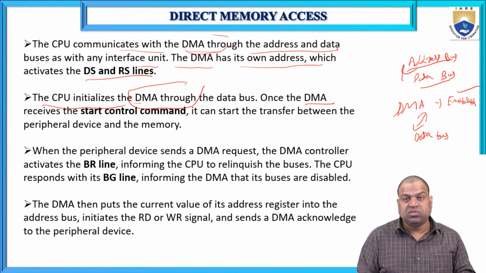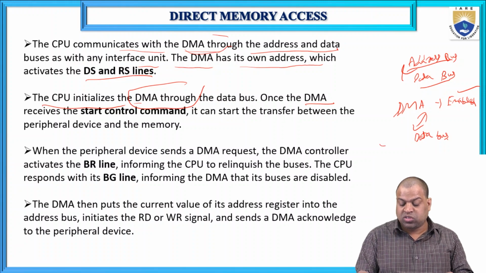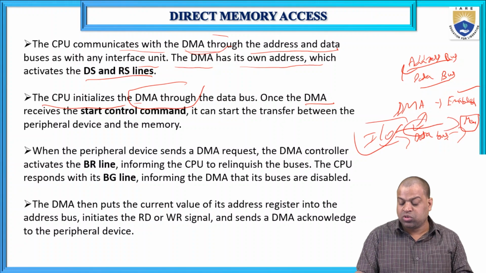The data will be transferred between the peripheral devices and the memory. Peripheral means input output, so the data passes from input output to the memory through the data or word count.